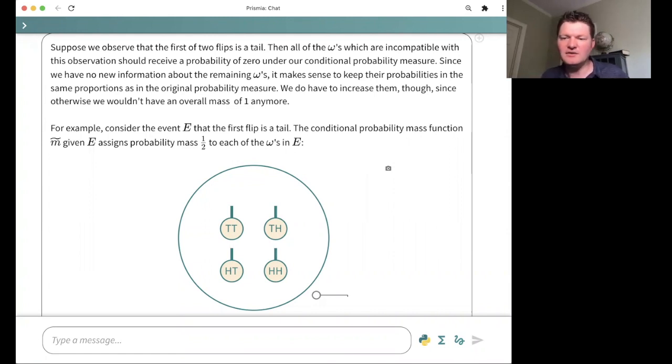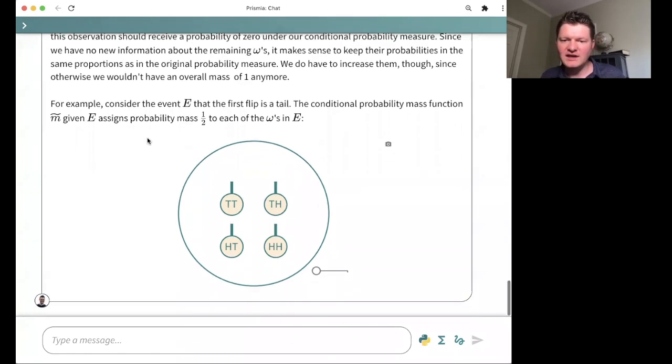And it makes sense to do this in a way that preserves their proportion. So if something was twice as likely as something else before, and they're both still possible, then it should be twice as likely after, because we haven't learned anything about the remaining omegas if all we know is that the outcome falls in some particular subset of the sample space.